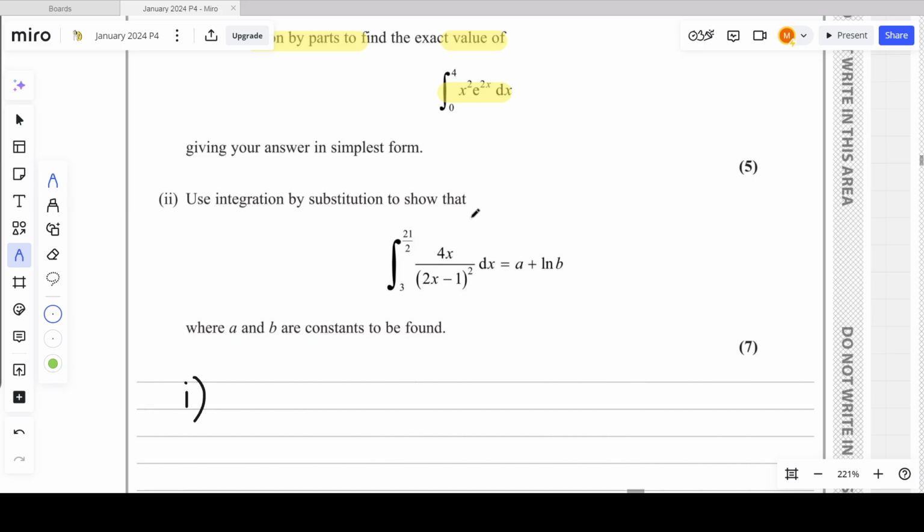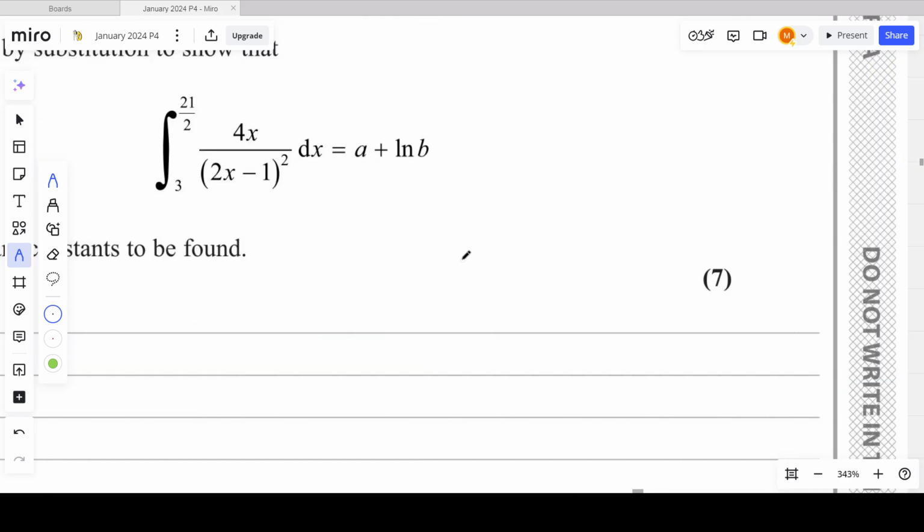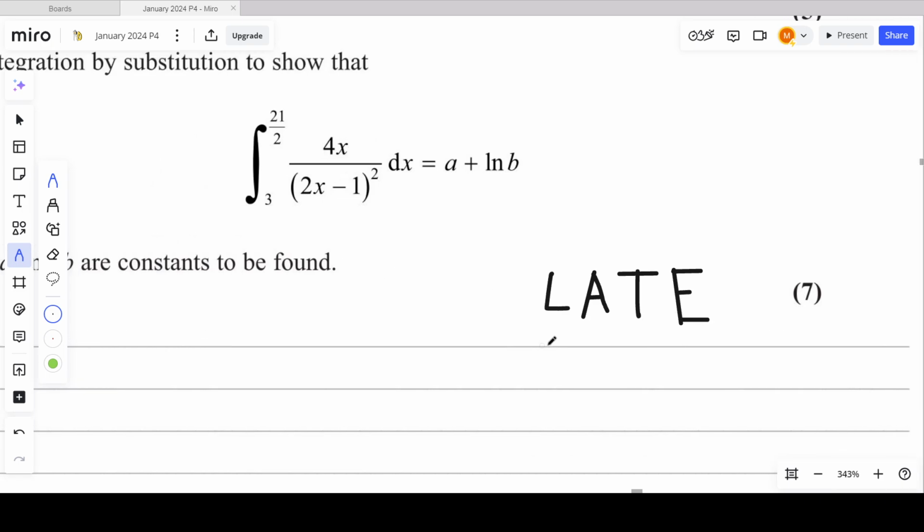Which one to choose for differentiation and which one for integration? How can you decide that? The easiest way is to consider the sequence L A T E. The first term stands for logarithm, A for algebra, T for trigonometry, and E for exponential.